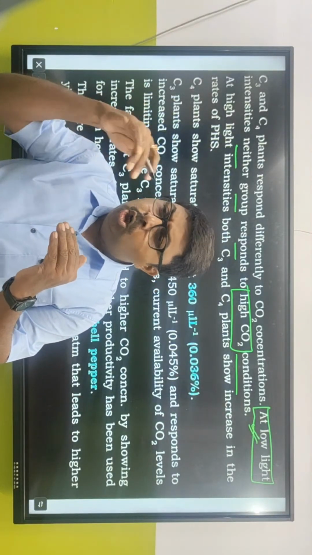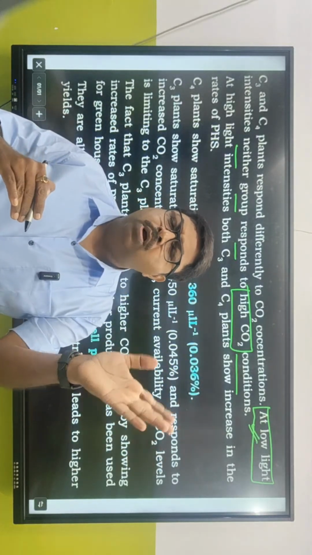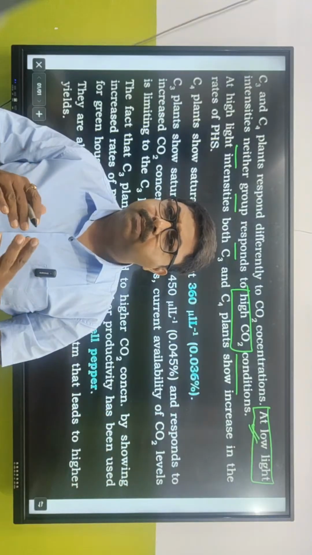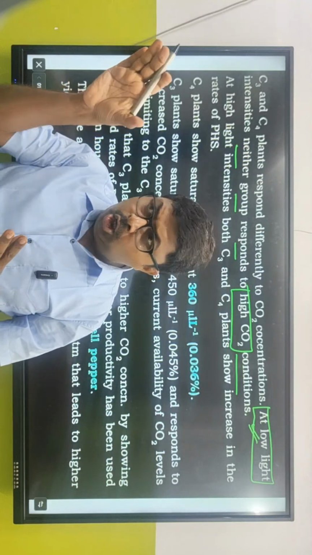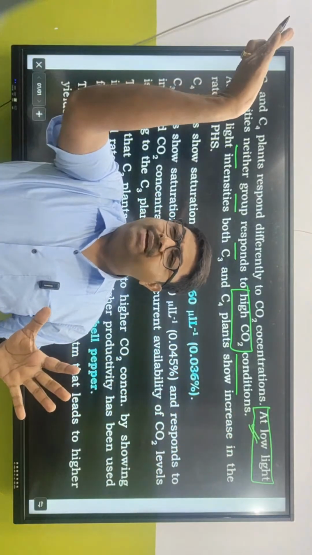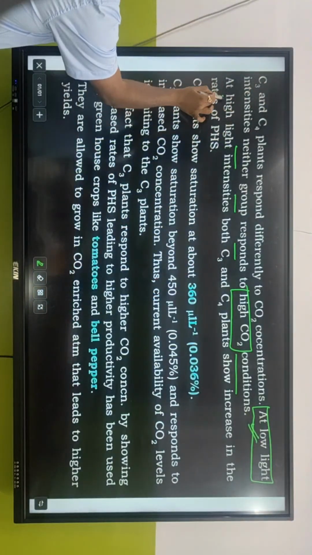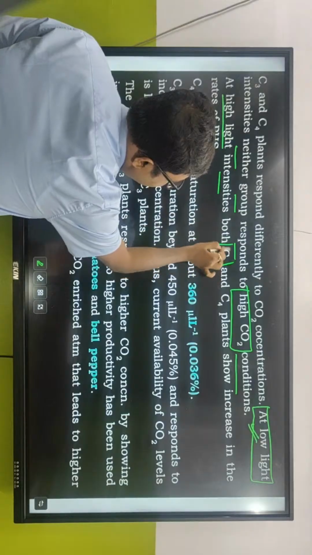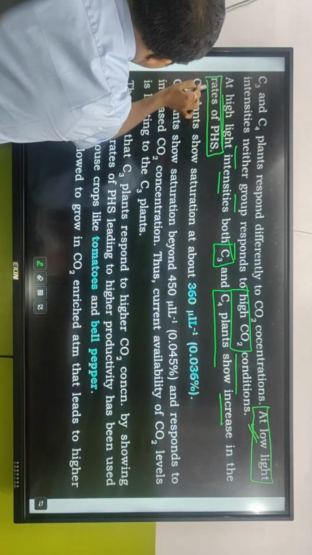Neither C3 nor C4 is going to be affected at low light intensity with high carbon dioxide. The moment you increase the light intensity to high, see what happens. At high light intensities, both C3 and C4 plants show an increase in the rates of photosynthesis.